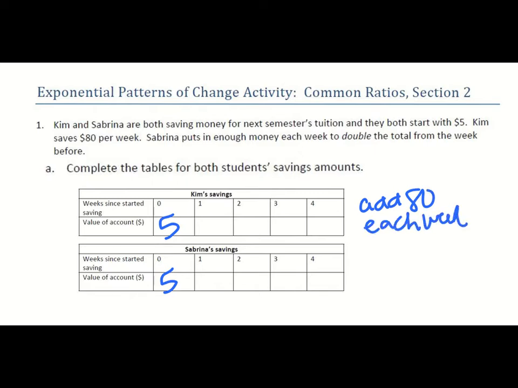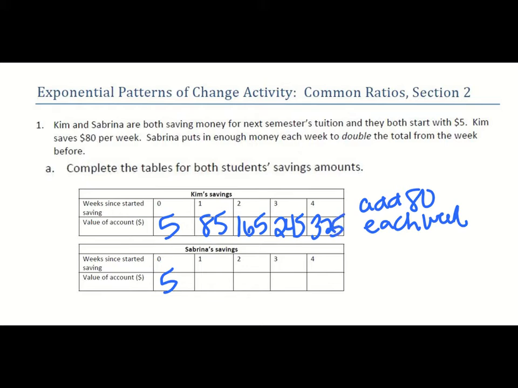So I'm starting off with 5, and 5 plus 80 is going to give me 85. Plus another 80 is going to give me 165. Plus another 80 is going to give me 245. Plus another 80 is going to give me 325. So that's what it means when she saves $80 per week.